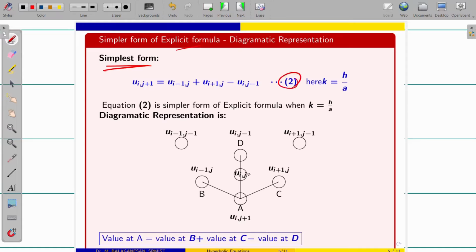The graphical representation for that one is, so this is what our value we have to find. Then it will be b plus c, straight line we have given. If you're getting any confusion, you can draw like that. A equivalent to b plus c minus d. Here it is minus.